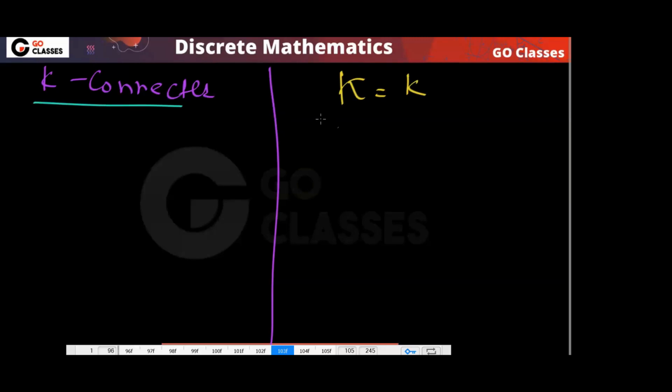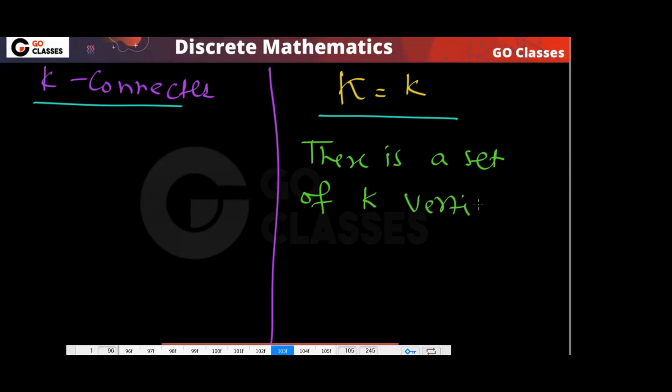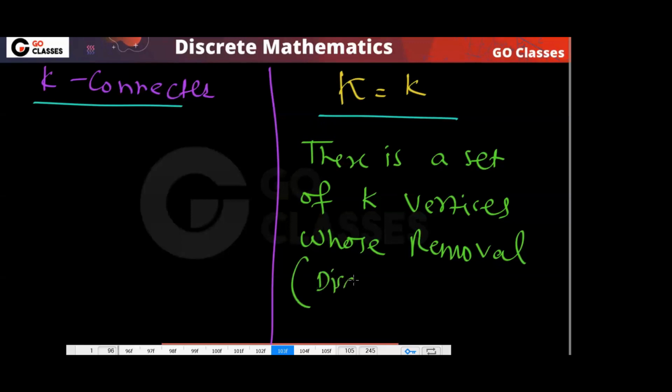Here I say K connected, here I say kappa is K. Here it simply means there is a set of K vertices whose removal disconnects the graph or leaves a single vertex.